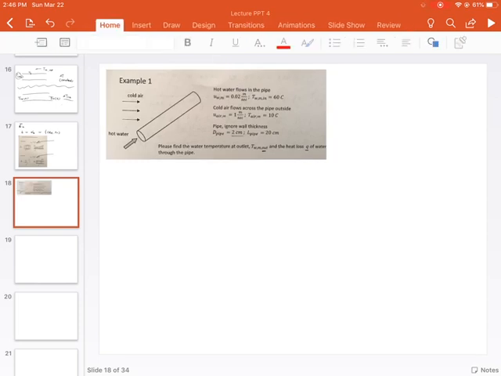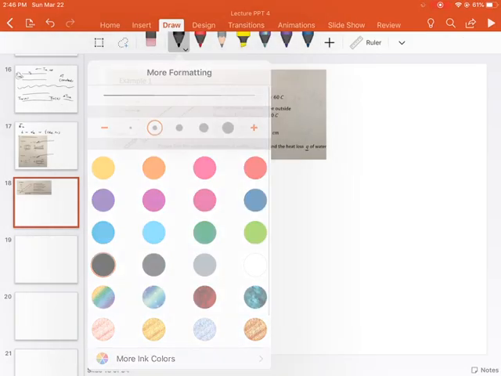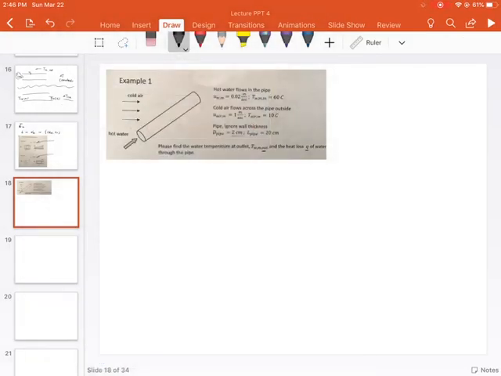So this example problem is hot water flowing inside a pipe and cold air flowing outside the pipe, across the pipe.